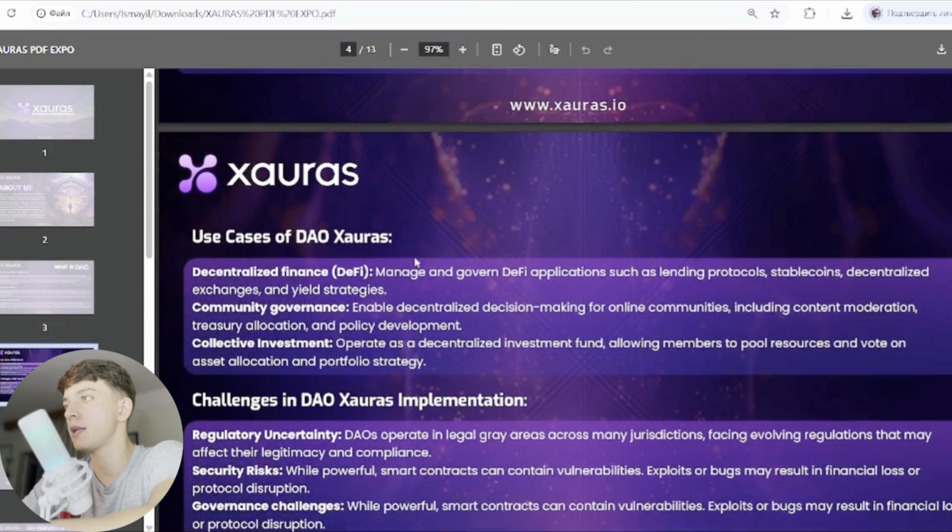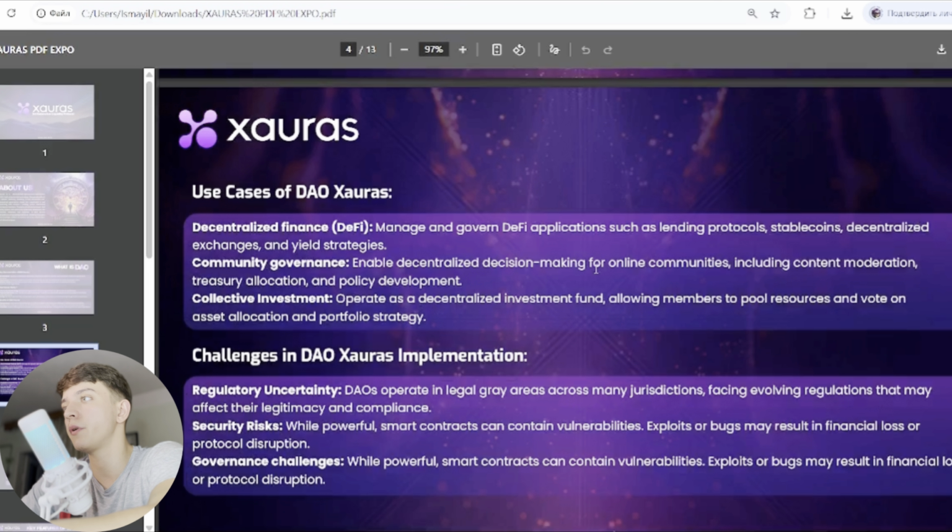So that is a use case of the DAO. There you can see that DeFi manages and governs DeFi applications such as lending protocols, stablecoins, decentralized exchanges, and yield strategies. All the main links of this platform are in the description below, so you can check it right now and follow on your own.